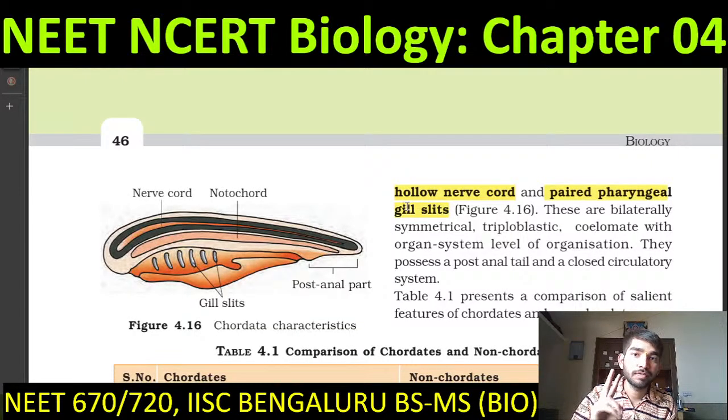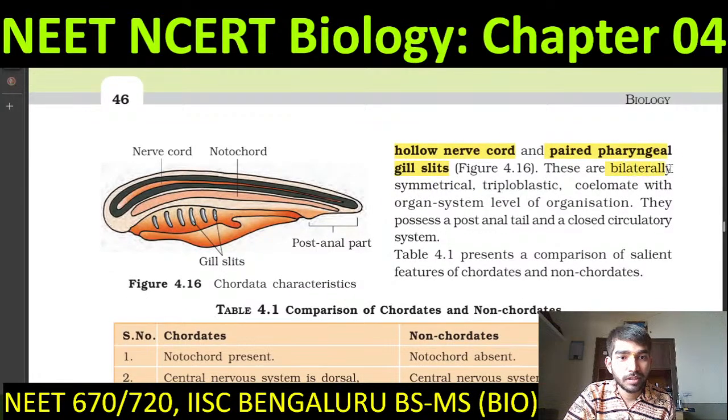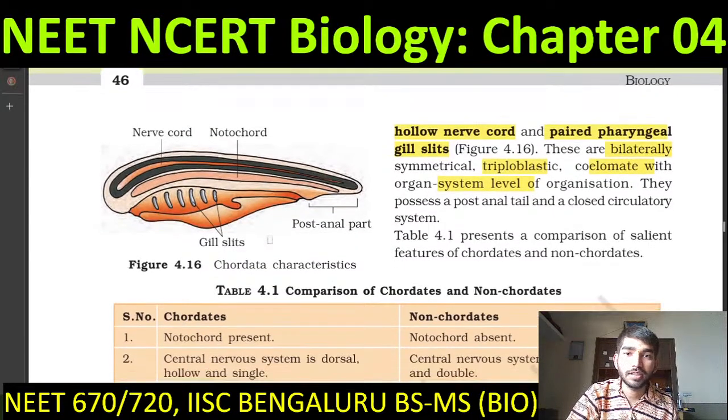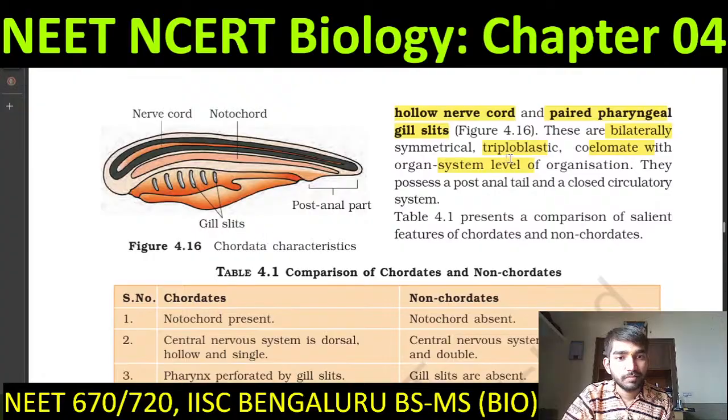So a pair of pharyngeal gill slits in the pharynx. These are bilaterally symmetrical, triploblastic, coelomate, organ system level. All these features are already developed, so they will remain with us. They possess a post-anal tail and a closed circulatory system.